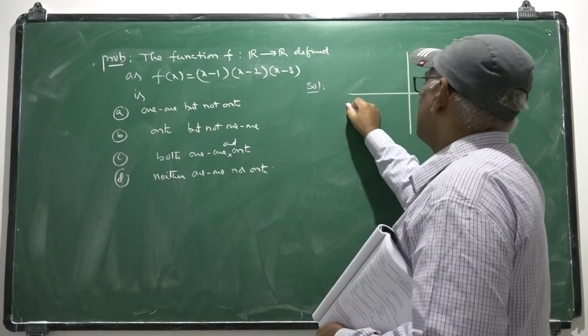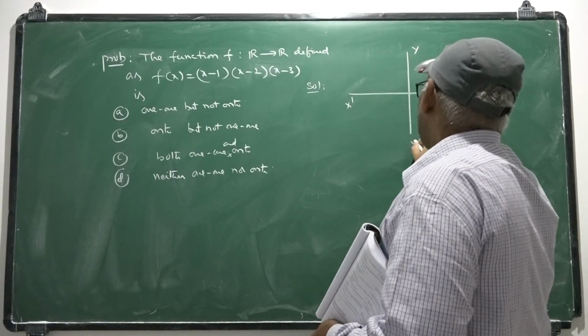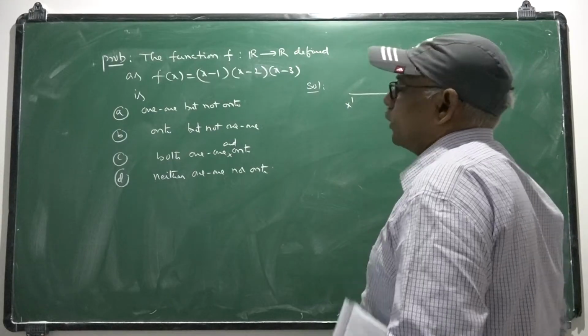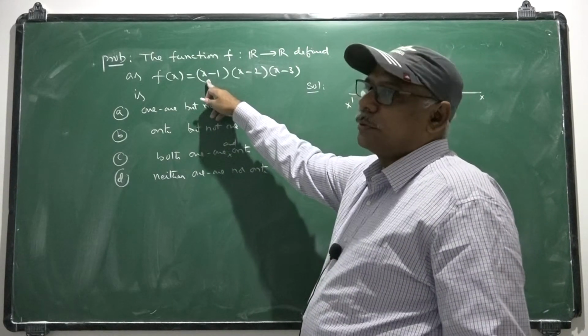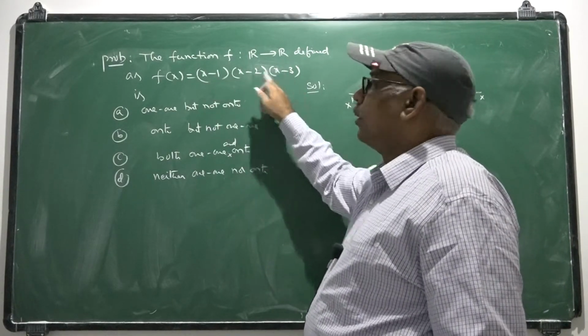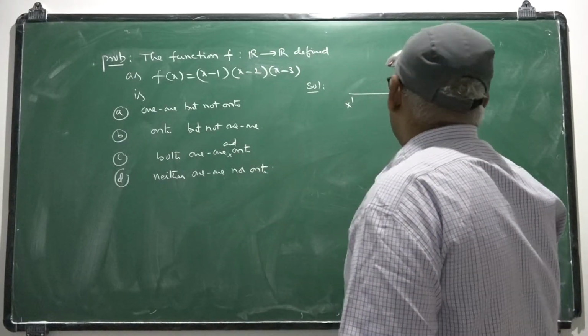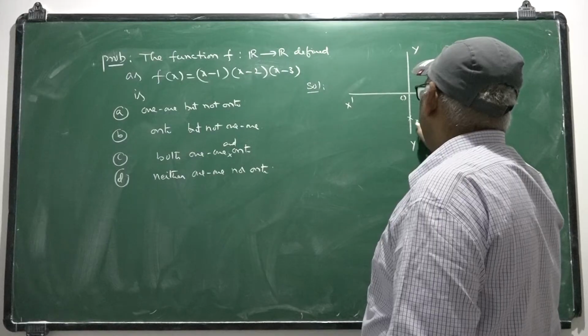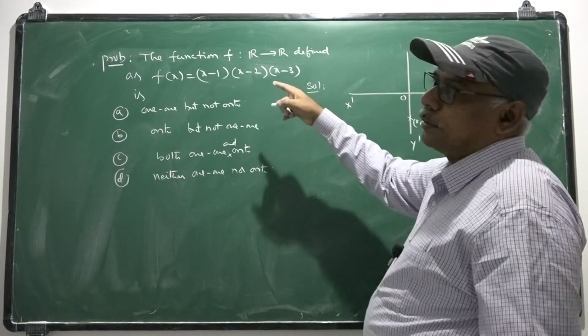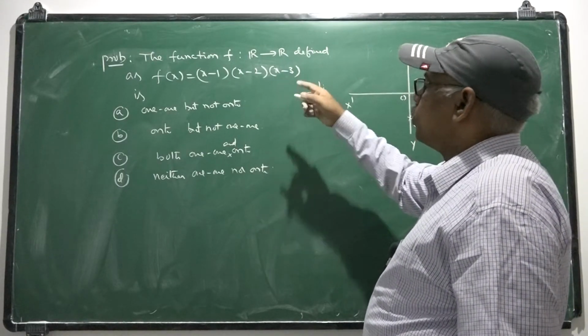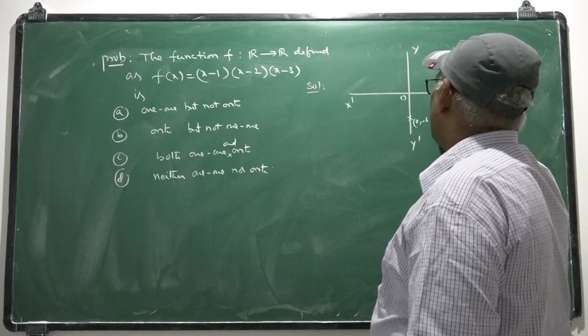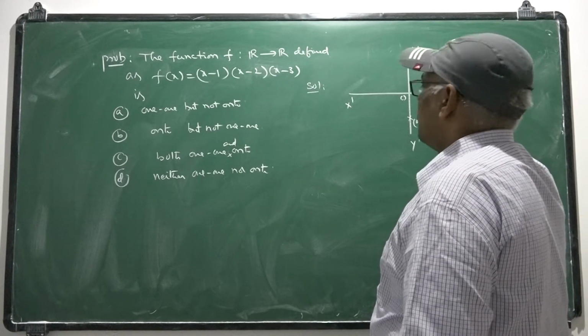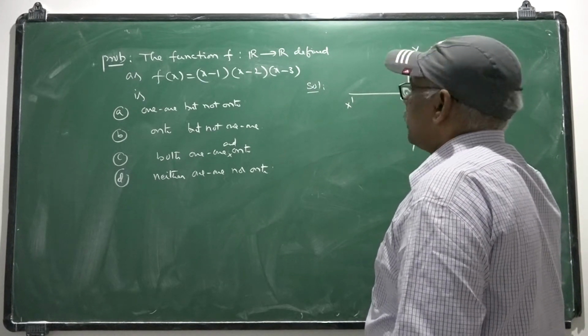Once you draw the graph of the curve, taking x equal to 0, we get minus 6, so it passes through 0 comma minus 6. Taking x equal to 1, we get 0, so it passes through 1 comma 0.